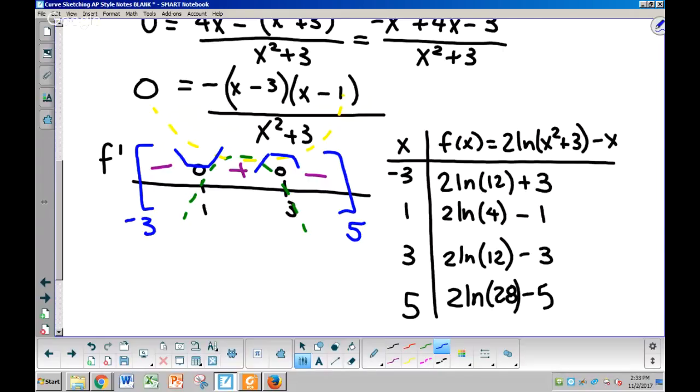So this point is going to be a maximum, a relative max. Then we have a relative min, and then a relative max. What happens now when I leave x equals 3? I'm going down again, so that's going to be a relative min.